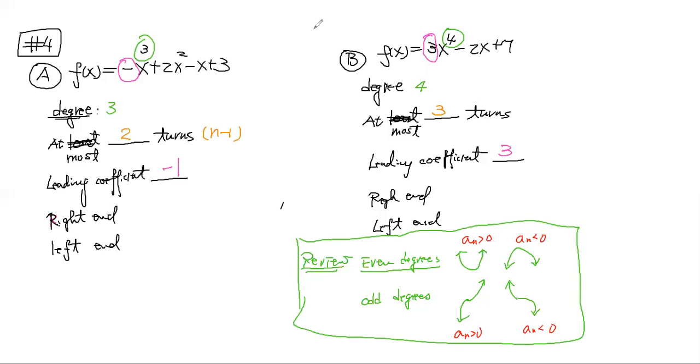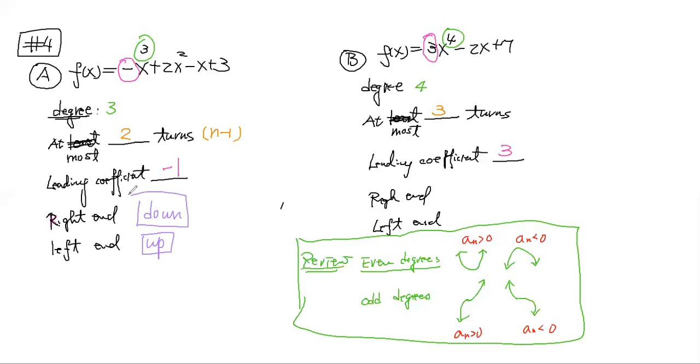So in here we said, because this one is odd degree, its degree is 3, and you have a negative leading coefficient, I know my left hand is going up and my right hand is going down here, right?